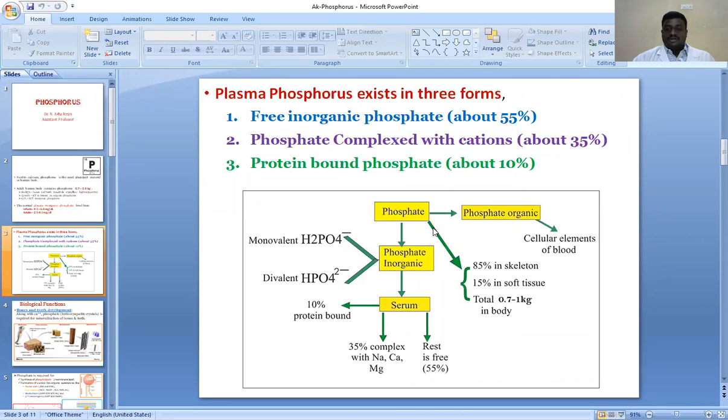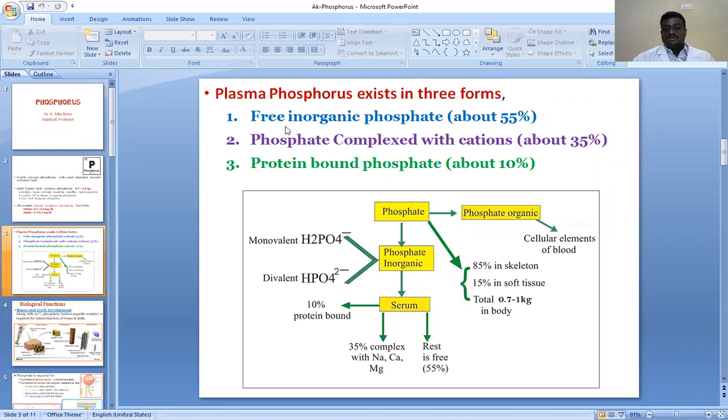Inorganic phosphate is present in extracellular fluid. In the extracellular fluid, inorganic phosphate is mainly of 2 types, monovalent and divalent, with valency minus 1 and minus 2.